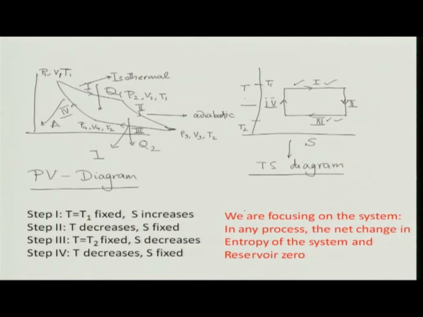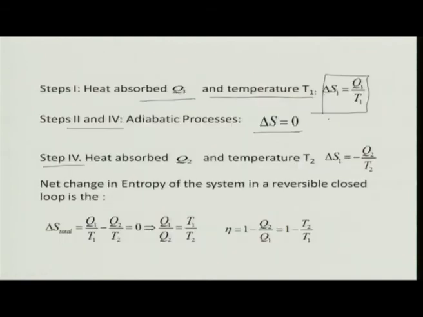Step 4 is again adiabatic, but step 3 one has to be very careful. Okay? So, step 3 one has to calculate. Step 3, heat absorbed is Q2 and temperature is T2. So, delta S2, let me call it, is minus Q2 by T2.